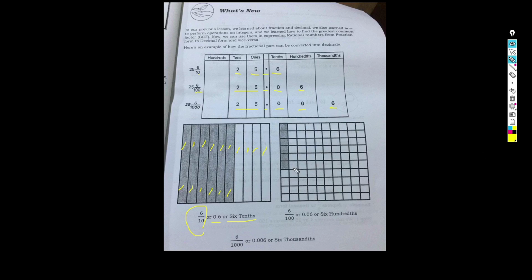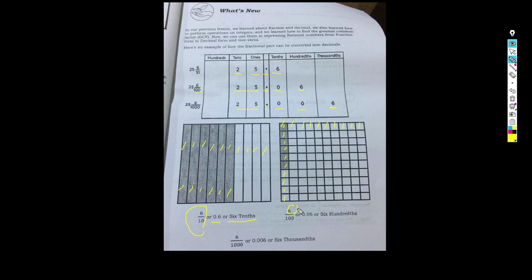Same with the other. You can see here 1, 2, 3, 4, 5, 6, six, and why it's 100, because when you count from side to side, 6, 7, 8, 9, 10, and you count also on the other side, 1, 2, 3, 4, 5, 6, 7, 8, 9, 10. So it's 10 by 10, 10 times 10 is 100.